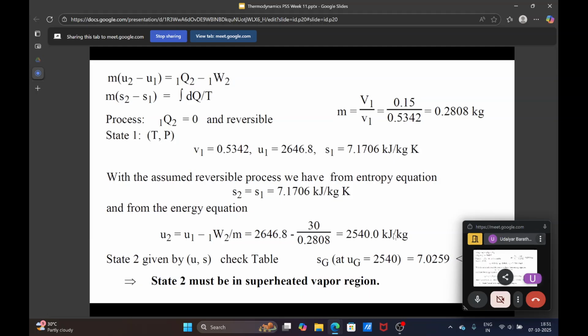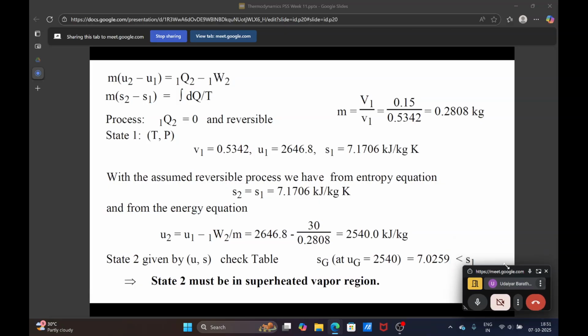Using this U and the entropy value, checking and interpolating in the table, we find that Ug is 2540 corresponding to the saturated gas, and the entropy is 7.0259.